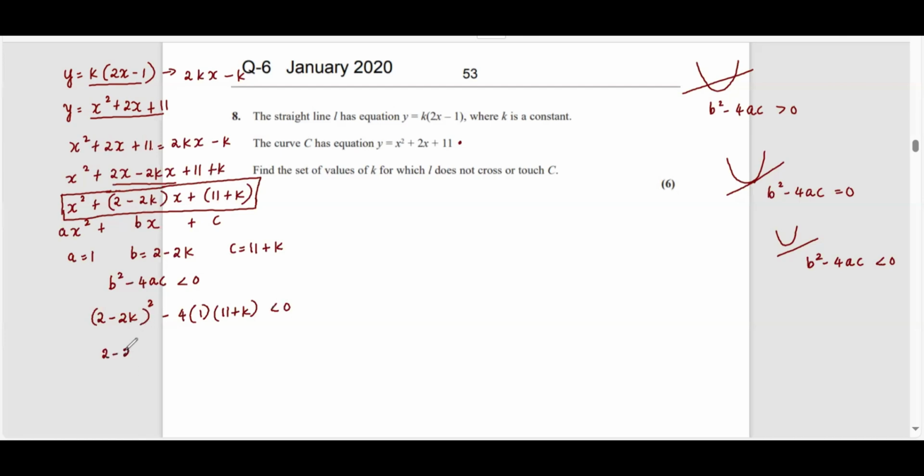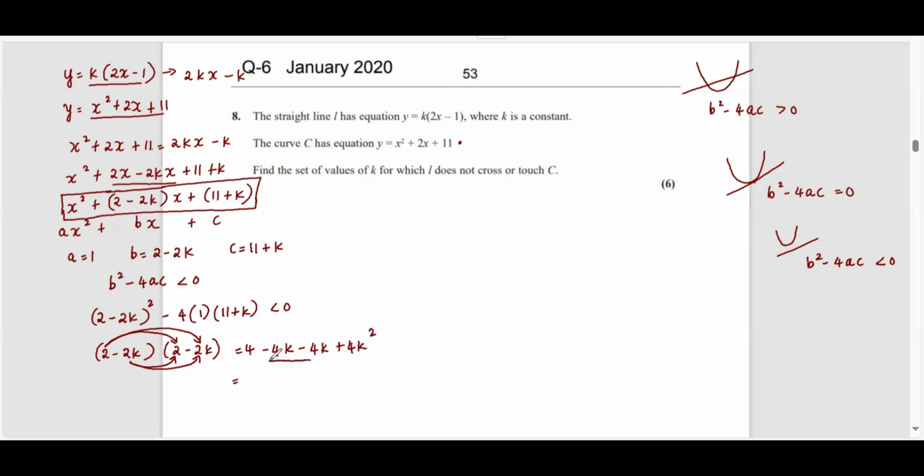It means 2 minus 2k into 2 minus 2k. 2 multiplied by 2 gives 4. 2 multiplied by minus 2k gives minus 4k. Minus 2k multiplied by 2 gives minus 4k again. And minus 2k into minus 2k is positive 4k squared.